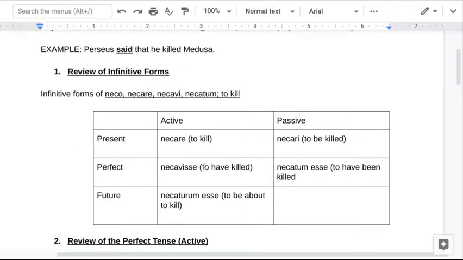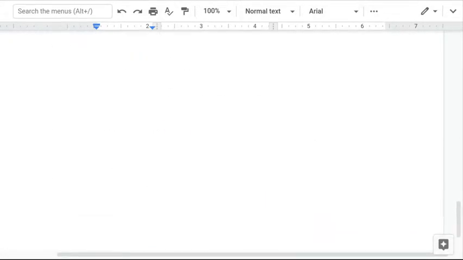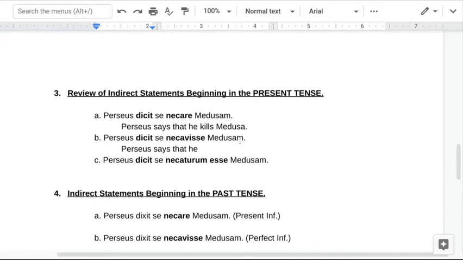It doesn't matter that by itself it can translate as to have killed, but in this type of sentence it cannot translate that way. It's just going to be like a perfect tense verb. That he simply killed Medusa, or you could say has killed, but it's fine.